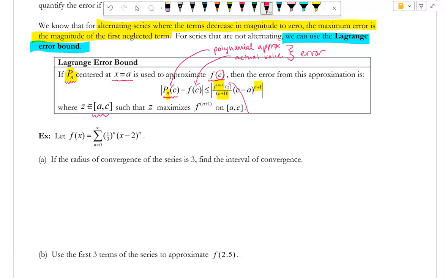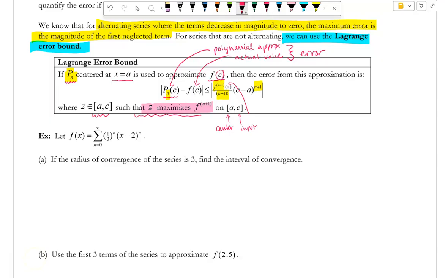It's going to be some number that makes the n plus 1 derivative as big as possible. So we want to use a z that will maximize this derivative on the interval from the center, because we said we're centered at a, to the actual input c, where we're evaluating our approximation.